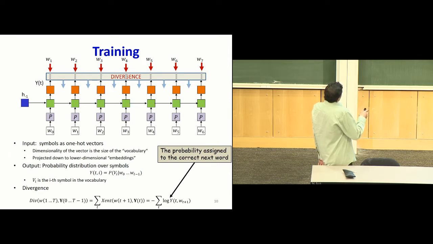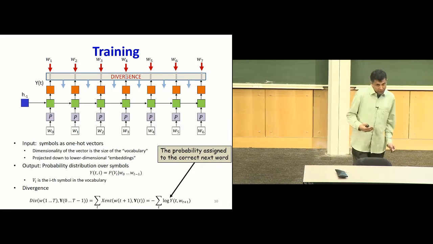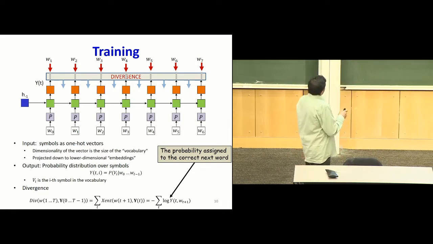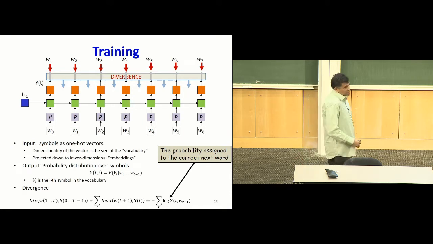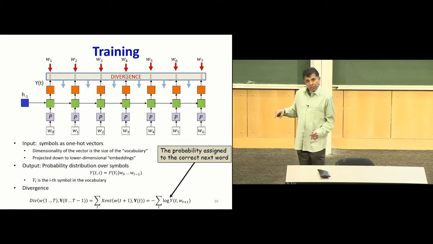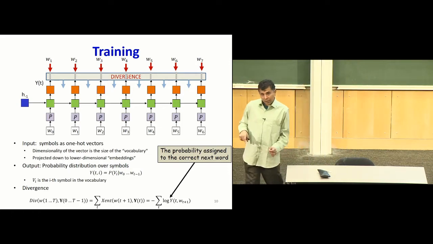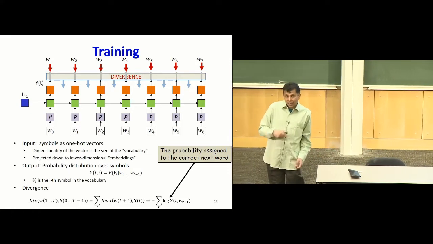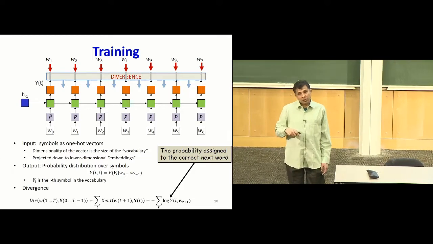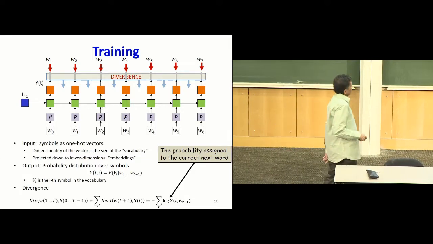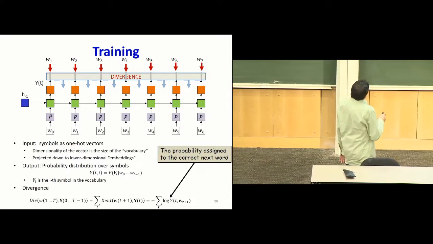At each time, you have a probability distribution over all the words in the vocabulary, and the target is going to be the next word in the sequence. So here, at time 0, the target is going to be W1. That's what you want to predict. So your ideal output in this case must be a one-hot vector which peaks at W1 and has 0 values elsewhere, or at least it must make W1 the most probable word in the vocabulary. So this would be the target.